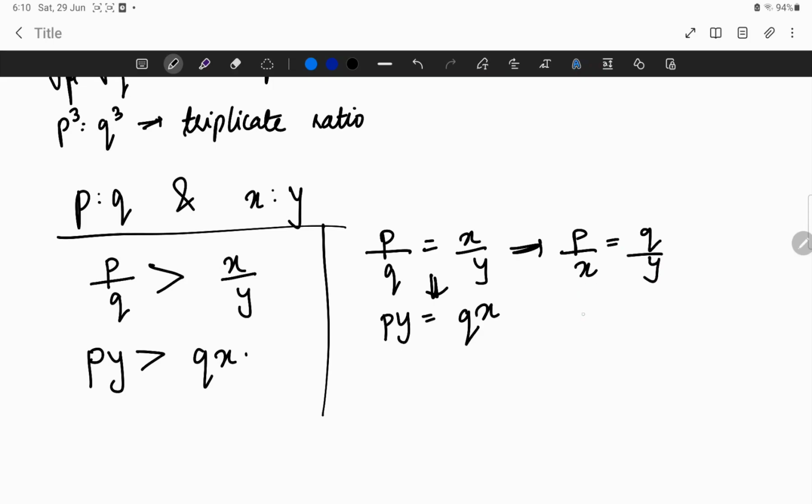You can also invert it, so you have q upon p is equal to y upon x.